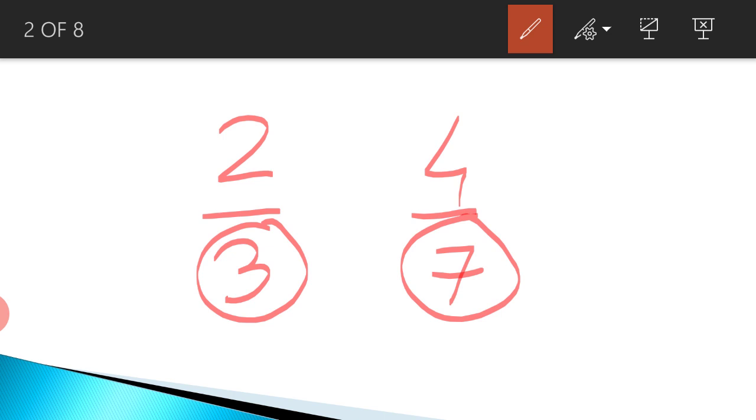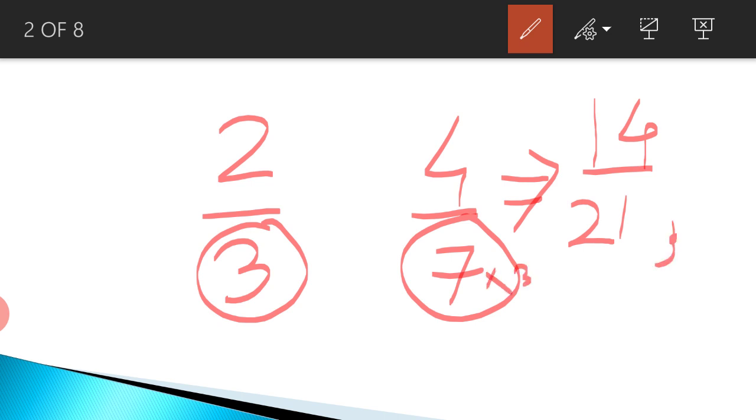So that is one method. We can take the LCM, 3 7s are 21, and convert these two fractions into equivalent fractions and then compare the numerators. For example, 2 by 3 will become 7 2s are 14, you have to multiply by 7 there, and it will be 14 by 21. The second fraction, here you need to multiply by 3, so 4 3s are 12, and 12 by 21. Now the denominators are same, so can you compare the numerators?